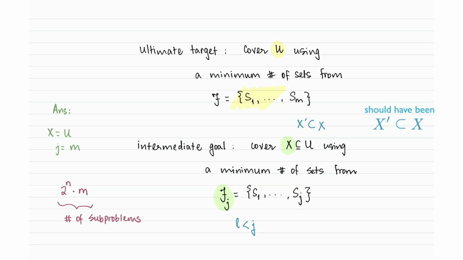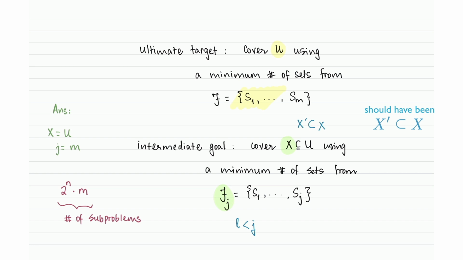So we assume that we have these answers at hand and they can be looked up in constant time, and given that, we want to figure out what's the answer for the subproblem corresponding to the pair x and j. So that's essentially the task of coming up with the DP recurrence.